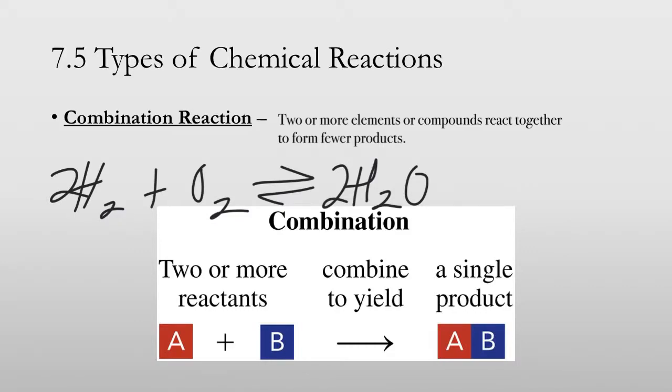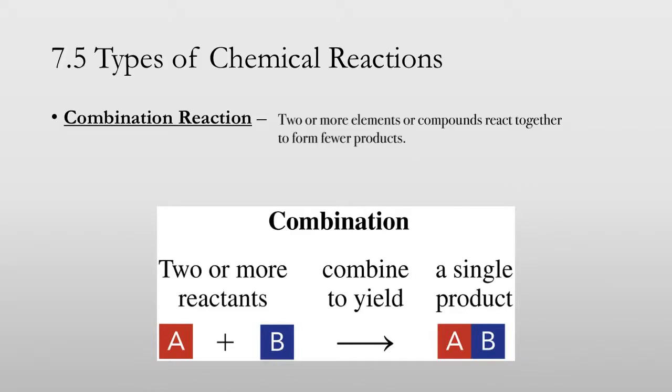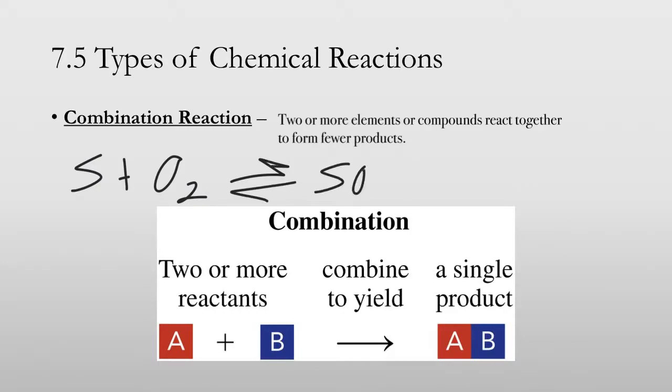Another example that's given from your book, which is actually wrong because it's not really properly balanced, is S plus O2, sulfur plus oxygen, to make SO2, and that would be balanced. But the problem is that sulfur doesn't exist as a single atom, and they even have it as a solid.